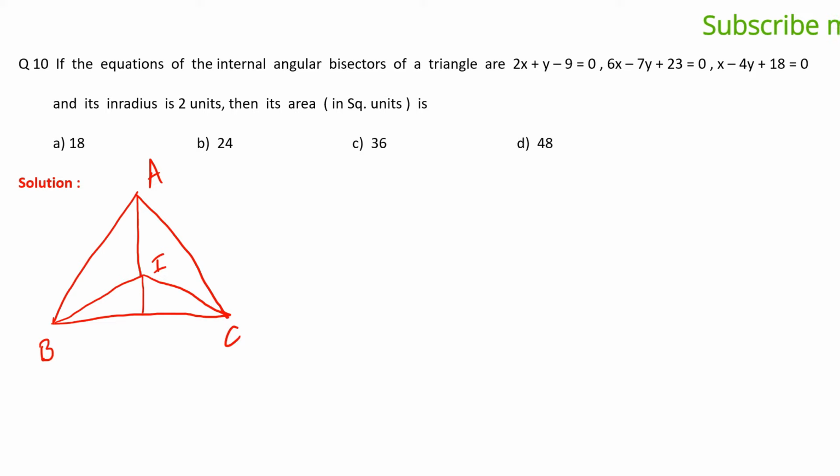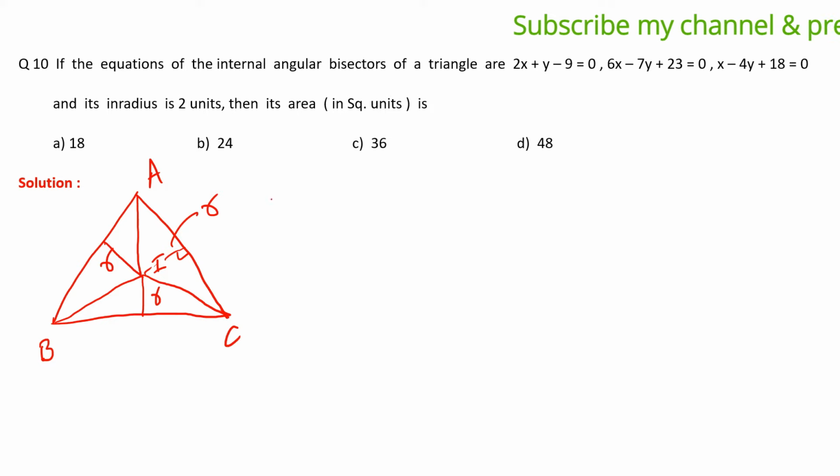Now suppose we drop a perpendicular from I onto the side BC, then this perpendicular's length would be the inradius for this triangle, that is small r. Similarly, we can drop a perpendicular from I onto AB, again r, and similarly from I to AC, again it is going to be r.